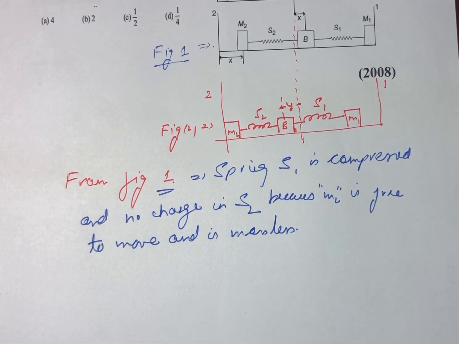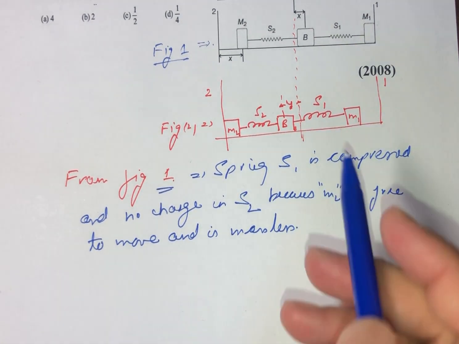So it means the total energy in the system, this entire system, will be only because of spring S1.